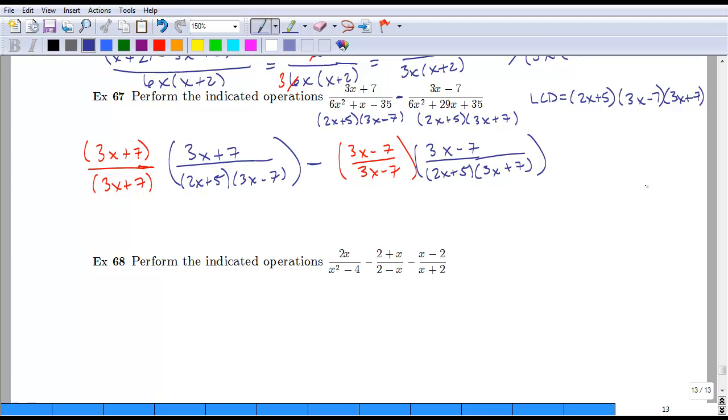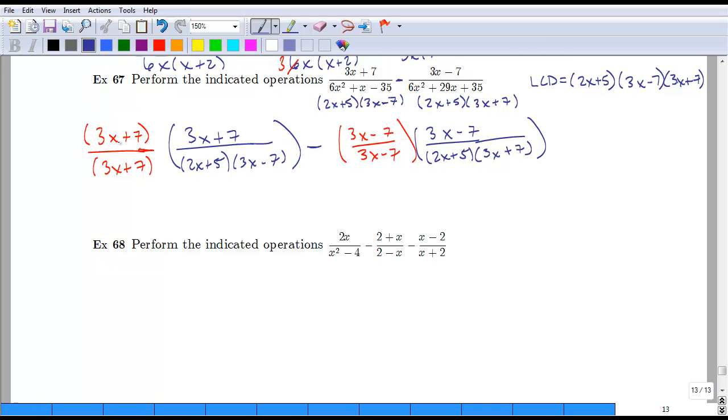So now if we multiply things out, we've got 3x plus 7 times 3x plus 7, which would give us 9x squared plus 42x plus 49. And then we are subtracting off, and I'm going to put this in parentheses so that we don't forget to distribute that negative.